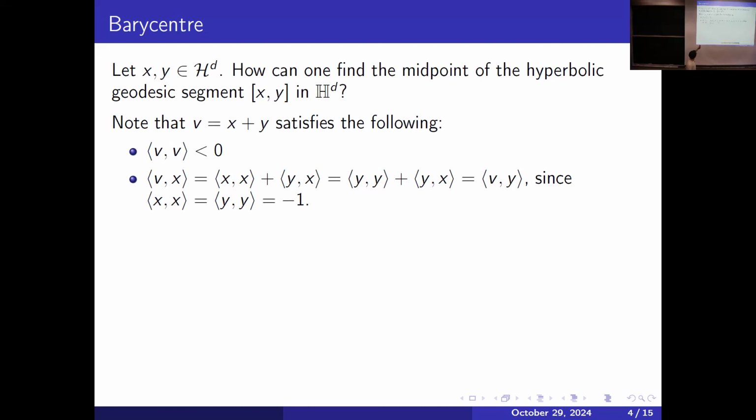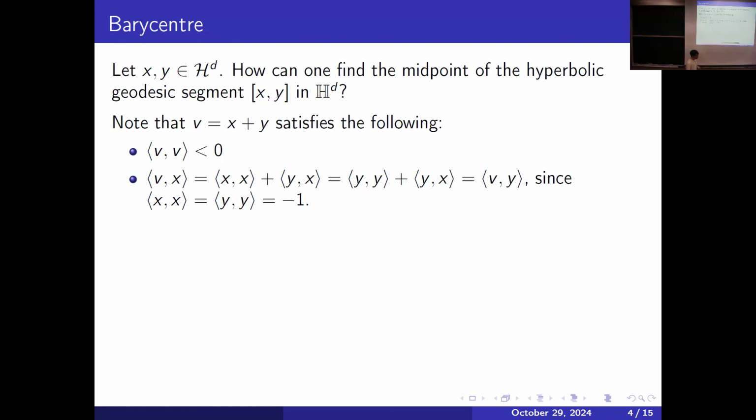Since the zero coordinate of v is positive, our x and y both have x0 and y0 positive, so when we take the sum, we obtain a positive zero coordinate. This means that our vector heads towards the upper half sheet of the hyperboloid. The only question is how to rescale it.